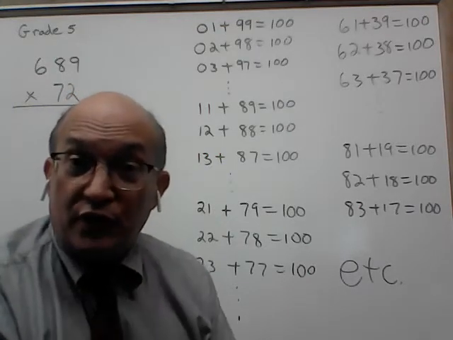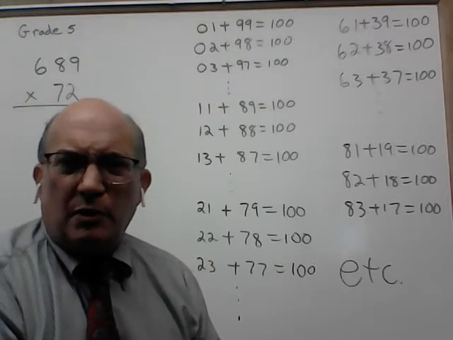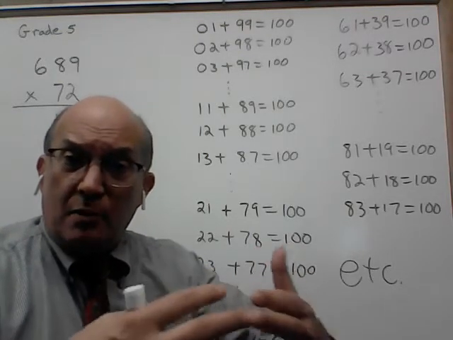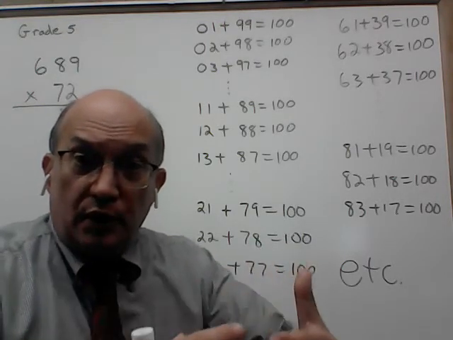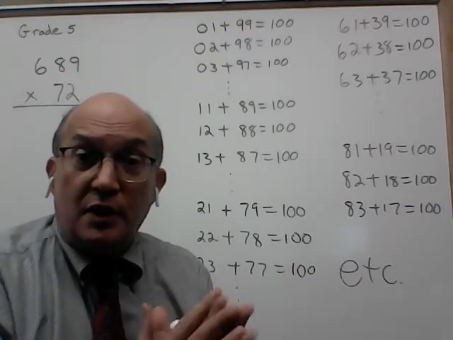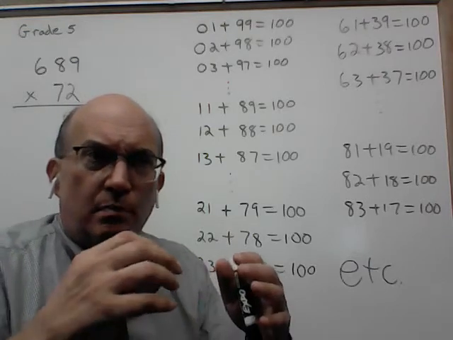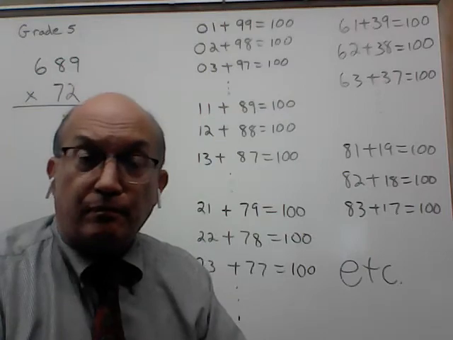It's valuable for finding change from a bill. Now, why does 13 plus 87 equal 100? One of the things I should say about this knowledge-building video about finding change from a dollar is I want everything to be done mentally. It should be able to be done mentally because of the understanding you have of the number system.